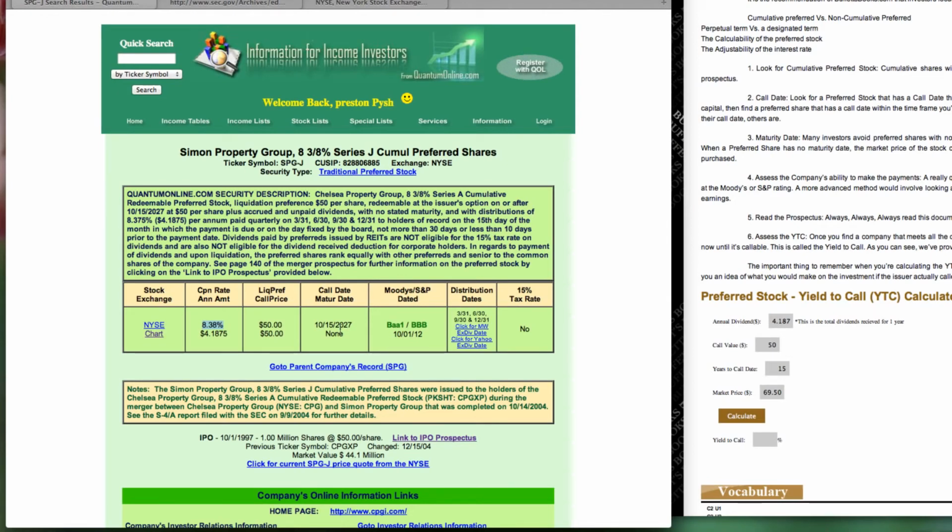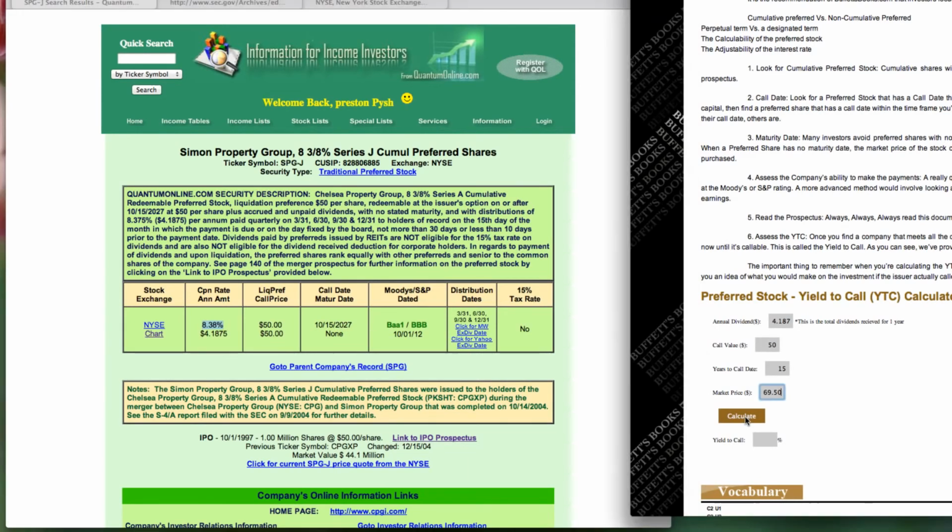But that's not the case here. You're buying this preferred share for $69.50 if you would buy it today, and not for $50. So that return, that dividend payment, is going to be different. And that's what this calculator is doing, figuring that out for you based off of the assumption that this company is going to repurchase these shares at that call date.